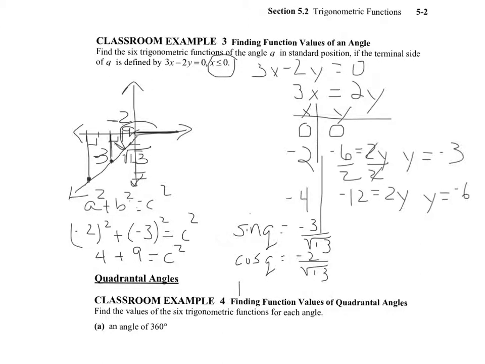Tangent is opposite over adjacent. The opposite would be what now? -3. There you go, a negative 3 over a negative 2. Now, what does a negative divided by a negative give you?